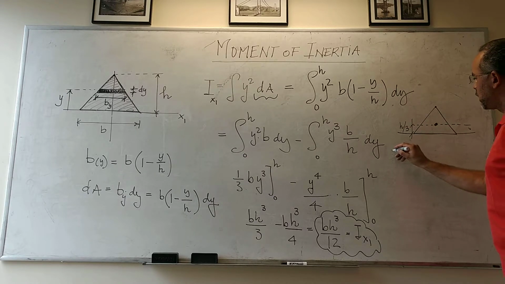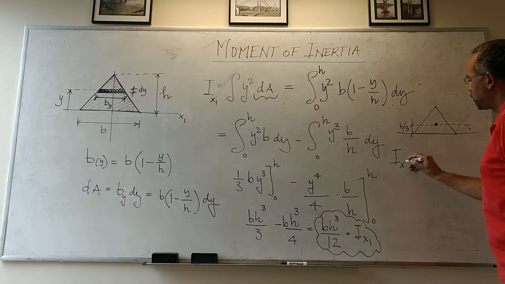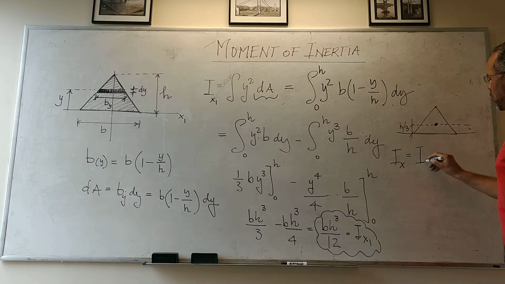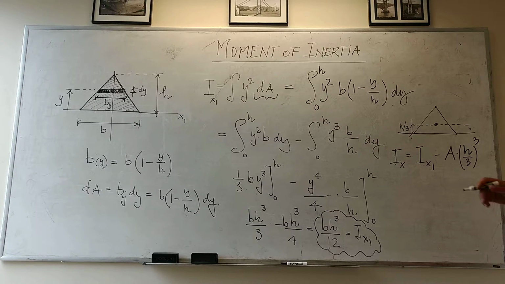So we have to say Ix will be Ix1 minus A times h over 3 squared. In this case the area is simply bh divided by 2.